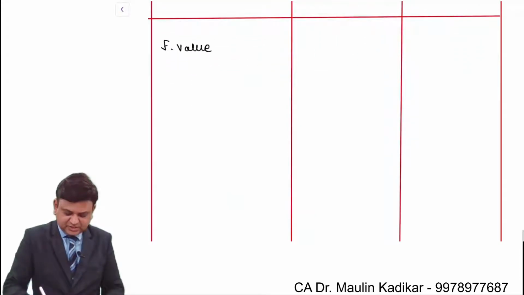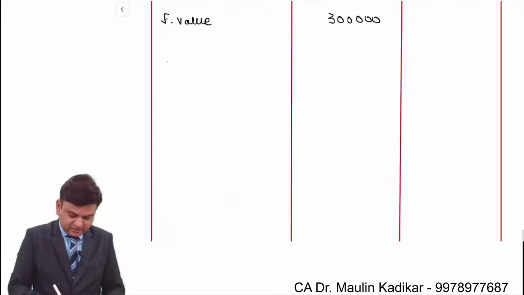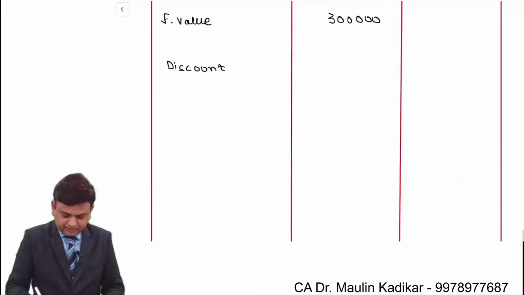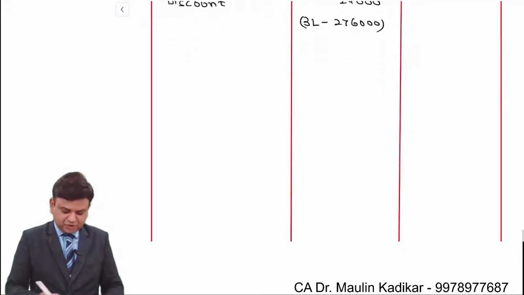Face value of the security is 3 lakhs. Initially we had collected 2,76,000. Why? Because there was a discount of 24,000, that is 3 lakhs minus 2,76,000. There was a flotation cost that we had incurred, an amount of 40,000.